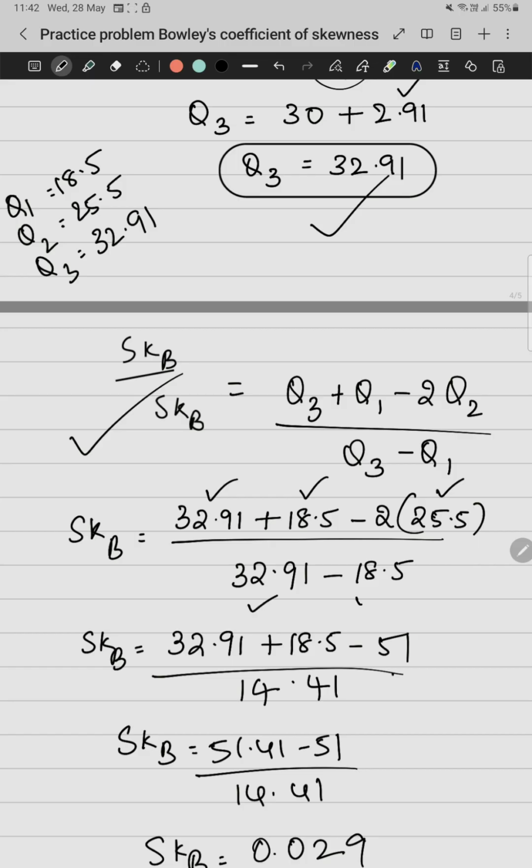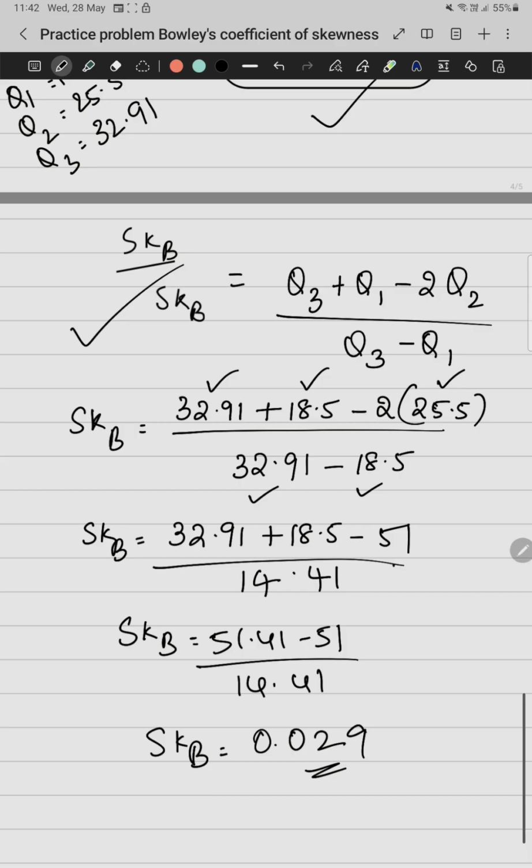Here also the same, Q3 and Q1 you have written. Then you multiply these two values: 2 into 25.5 is 51. Then add these two values, 32.91 plus 18.5, you get 51.41, minus 51, divided by 14.41. Bowley's coefficient of skewness is 0.29. Okay, thank you so much. Practice this problem. Bye.